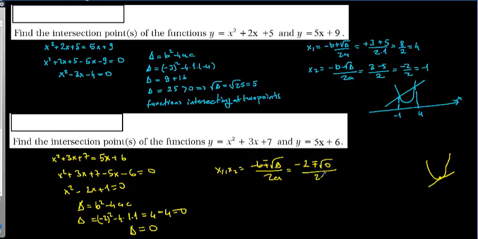Root of 0 is equal to 0, so plus 0 or minus 0 won't affect. Minus minus 2 is going to be plus 2.